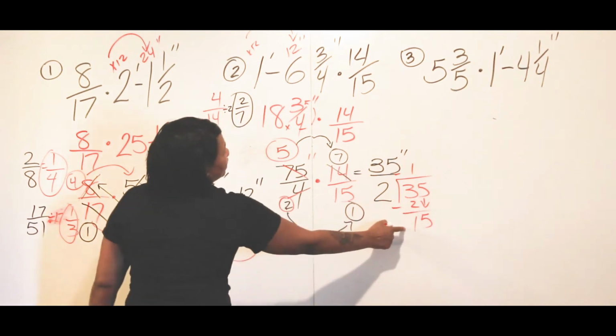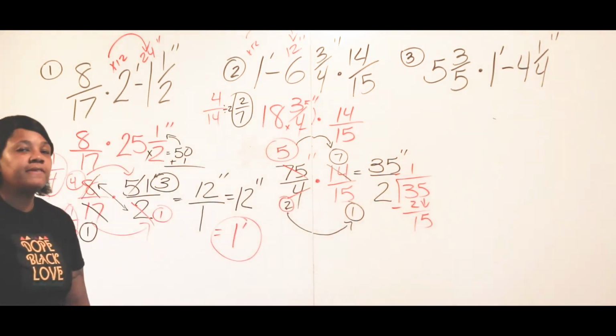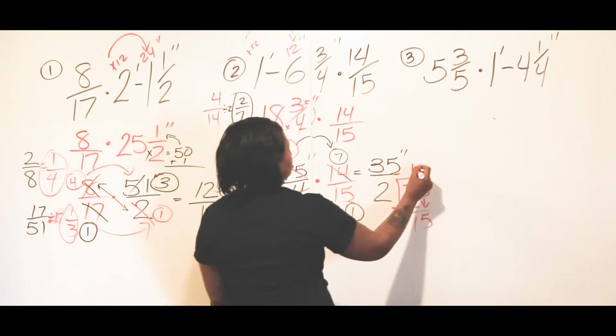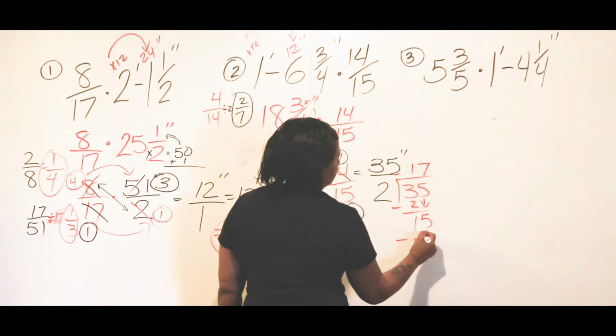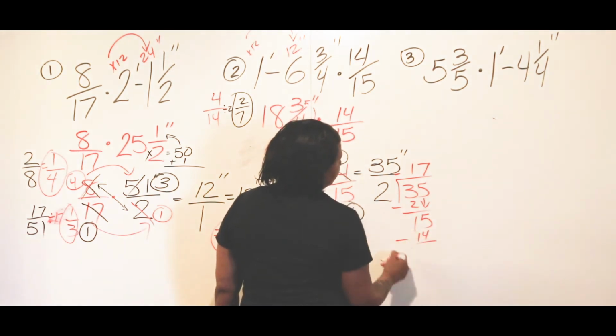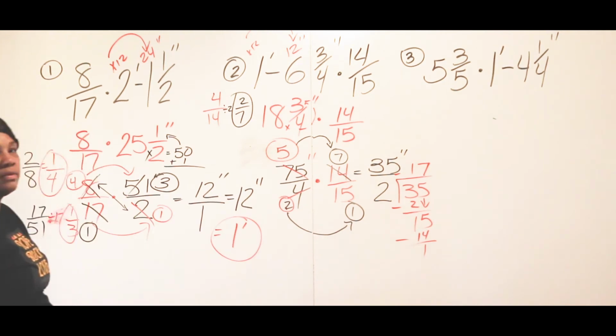It goes in there once, but 2 can't go into 1, so I had to drop that 5. How many times can 2 go into 15? 5? Nope. 7. Yes, sir. So we subtract 14. We're left with 1.